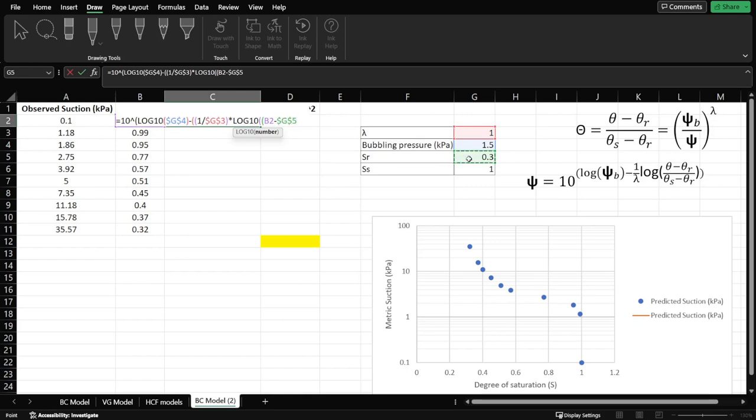So we can use this SR, then we'll put a bracket, then we'll write the denominator part, that's going to be theta S minus theta r or SS minus SR. So let's put SS, log this value, put a bracket here. And the value of the SR also.